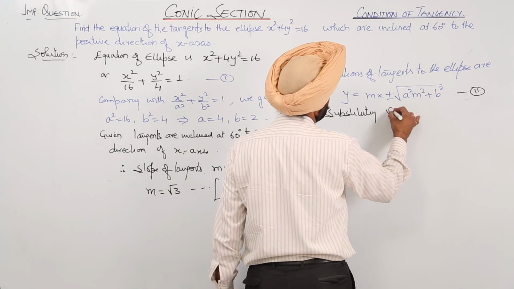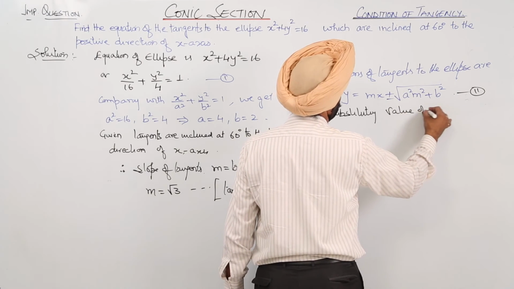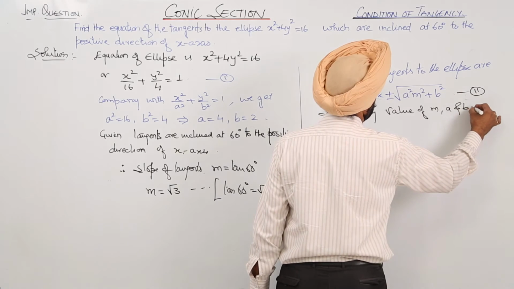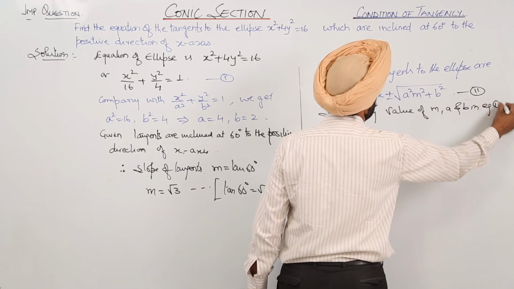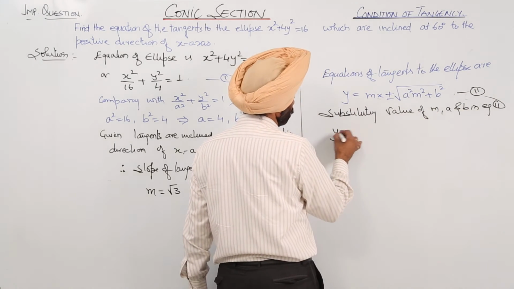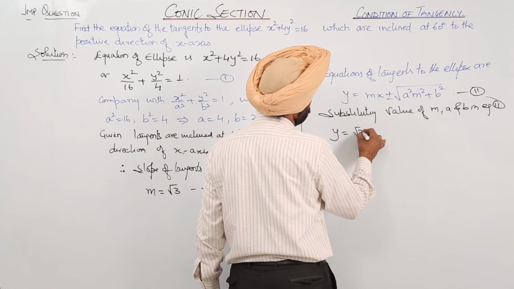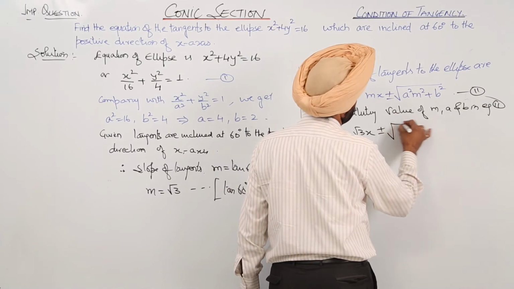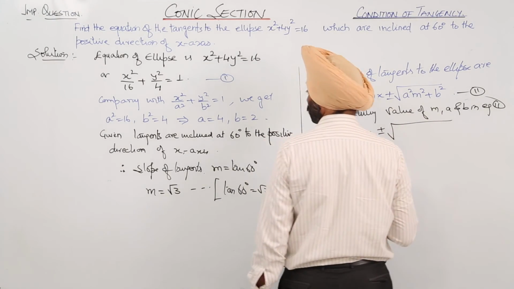Now substituting values of m, a and b in equation 2, we are getting y is equal to root 3x plus minus square root of a square.